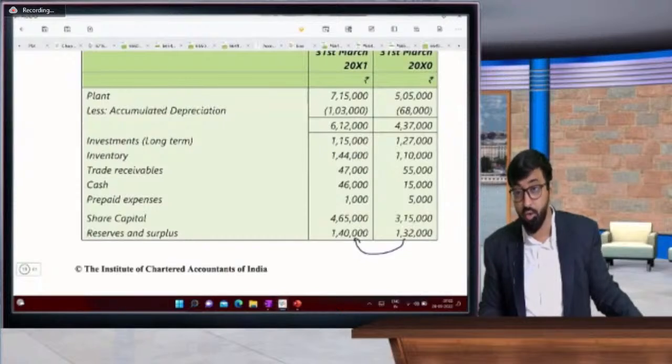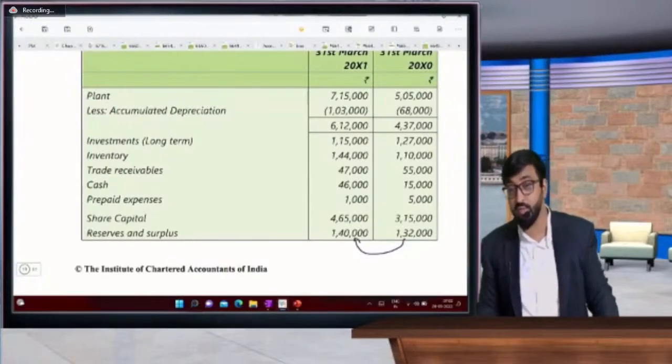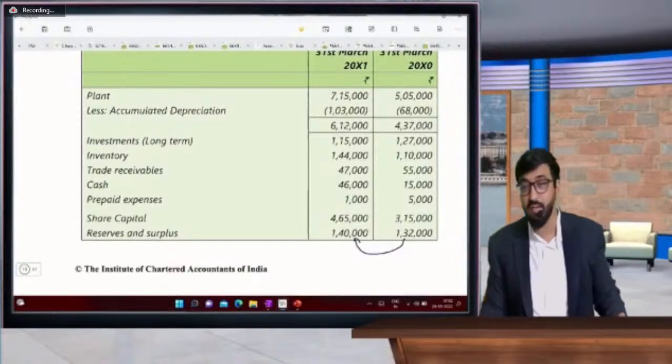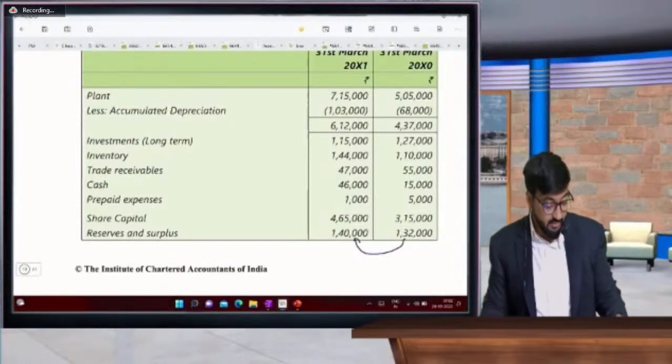I already told you, please solve this question minimum 2 times, and the best time is the second one, that is 30 minutes. Please tell me in the comment section how much time you have taken.